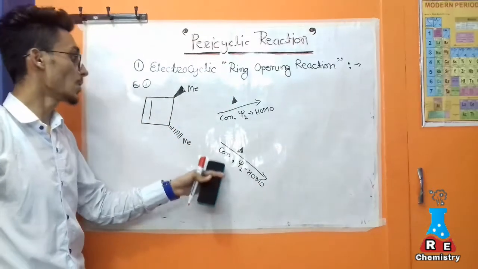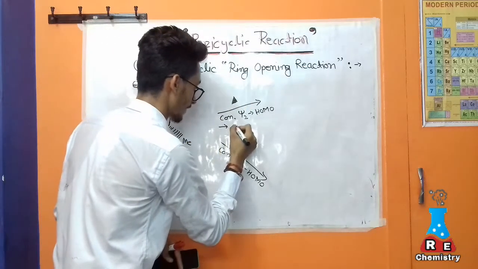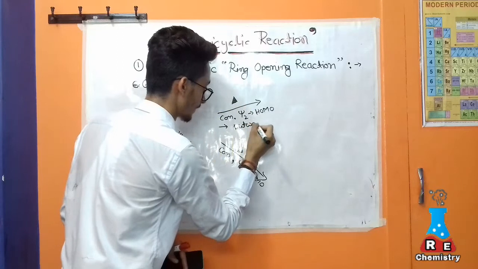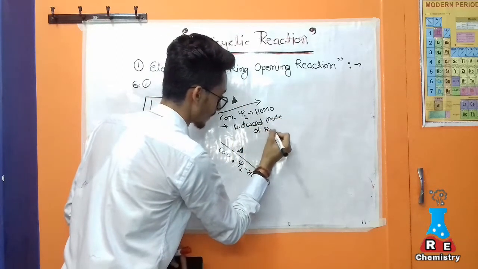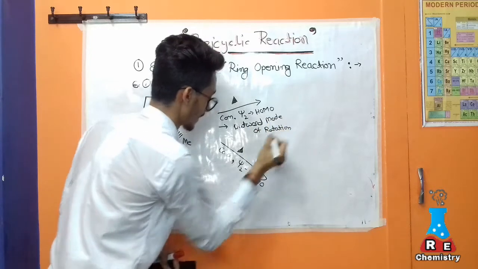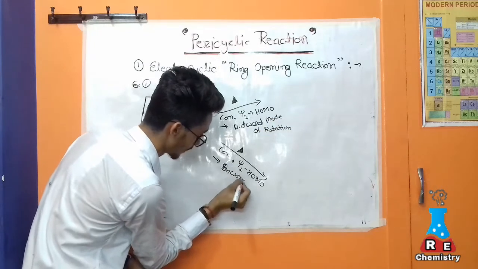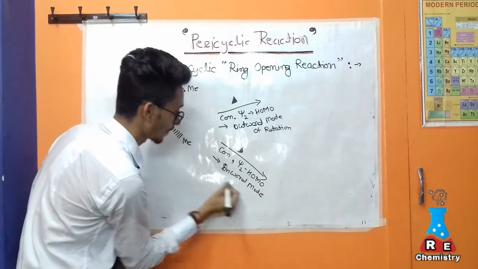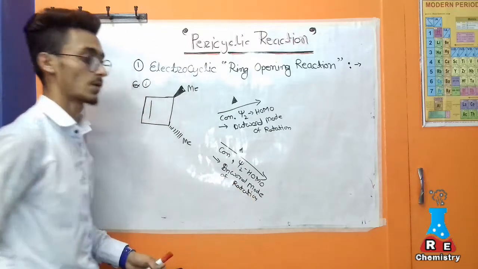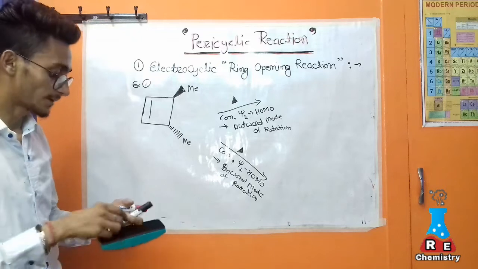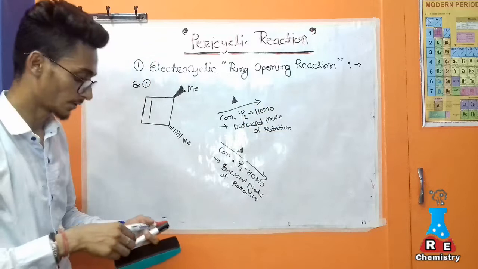So in these reactions, if we take the outward mode of rotation, and in these reactions if we take the inward mode of rotations, we will see what's different in the product of outward mode of rotations and inward mode of rotations.